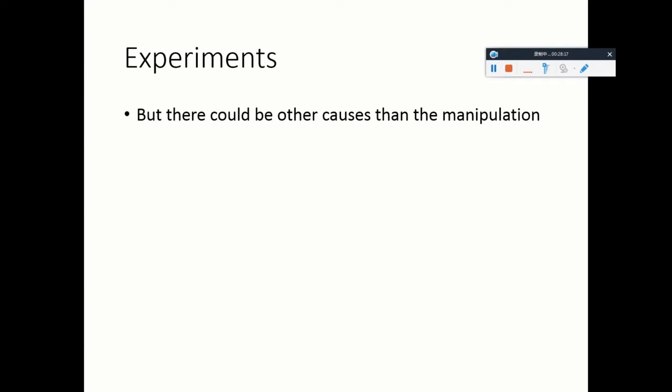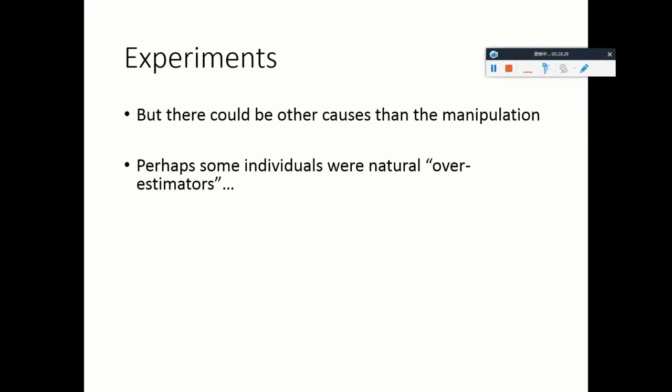But of course, other than the manipulation, there could be many other reasons why we perceive a person as more or less friendly. It is possible, right? Some people are naturally overestimators.